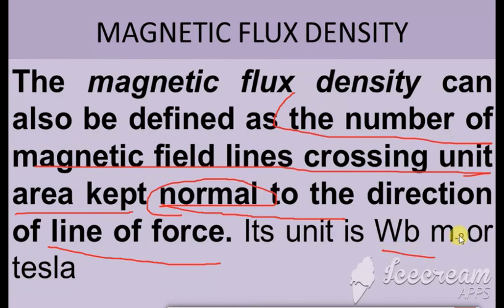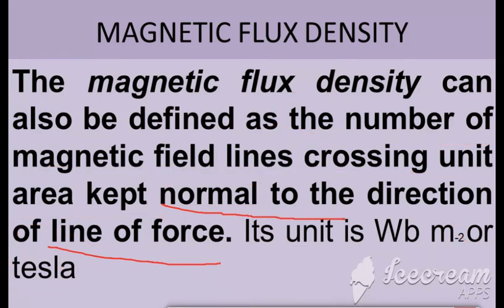Its unit is Weber per meter squared, or the other unit you can say is Tesla. So clear with what is magnetic flux and magnetic flux density. Magnetic flux considers only the magnetic lines. Magnetic flux density also considers a normal direction, which means a perpendicular direction.